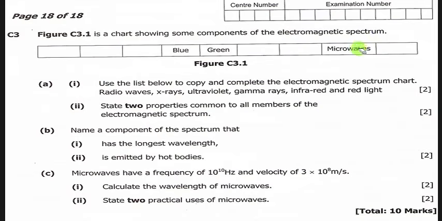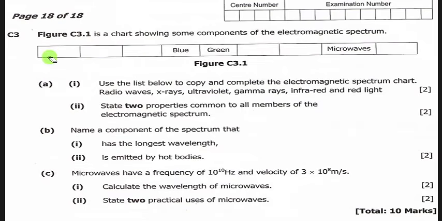So if microwave is this side, then we are starting like this. So Roast, which is radio, Maize, microwaves, Is, infrared, Very, which is visible here, Unusual, ultraviolet, X-mass, X-ray, Gift, gamma ray.